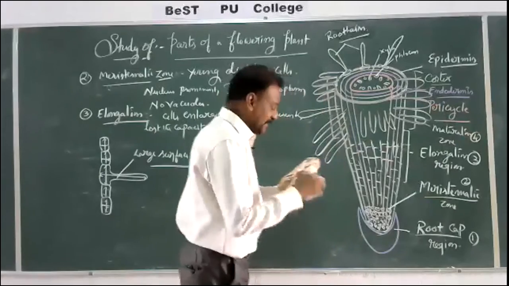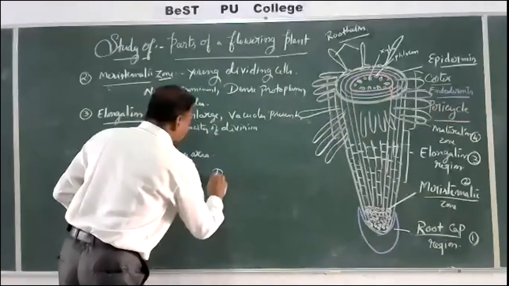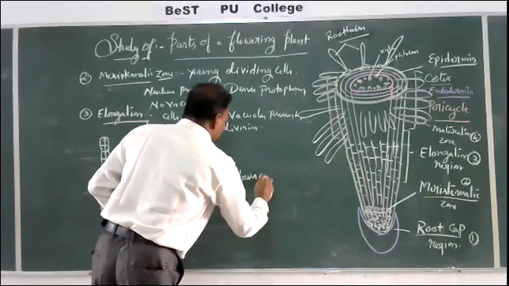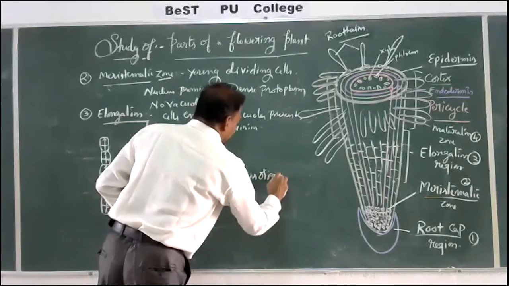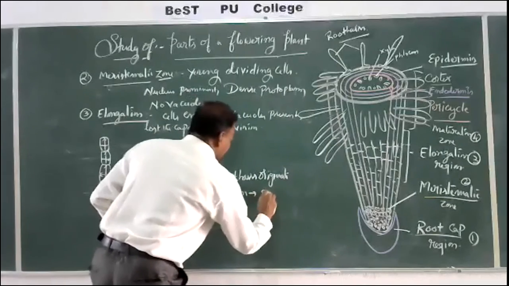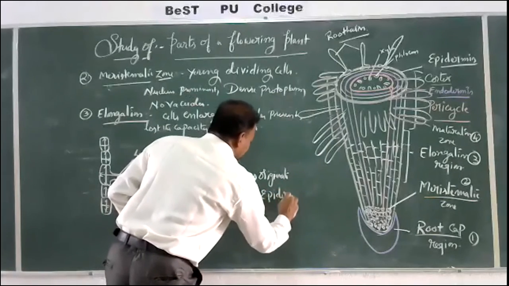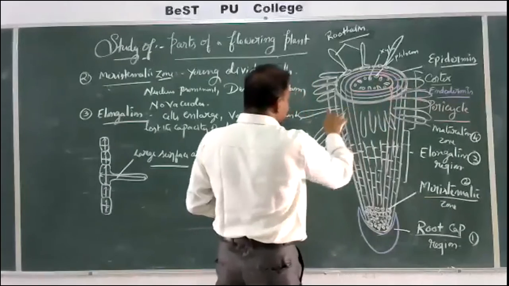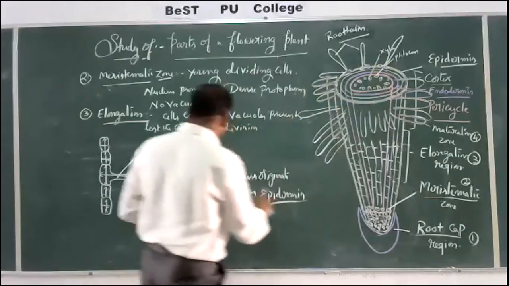To understand that, they have given that root hairs originate, it means develop, from the epidermis. I have shown in the diagram, my dear students. From the epidermis, they were developed.